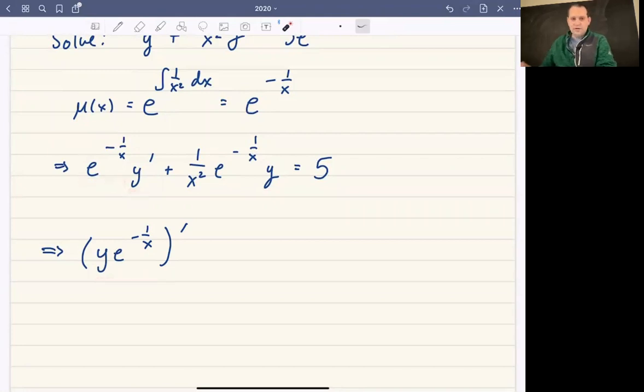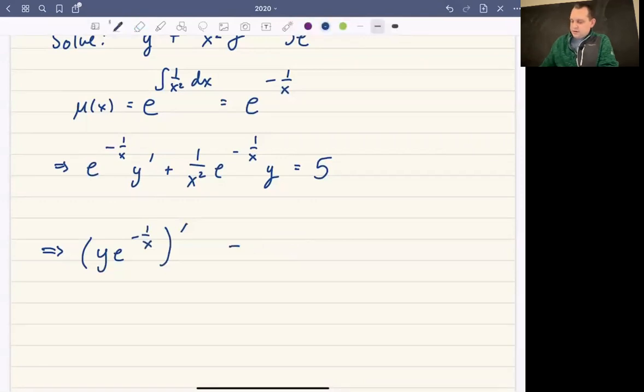If you verify this by differentiating the product, you get the derivative of the first times the second plus the derivative of the second times the first. That's how that shakes out.